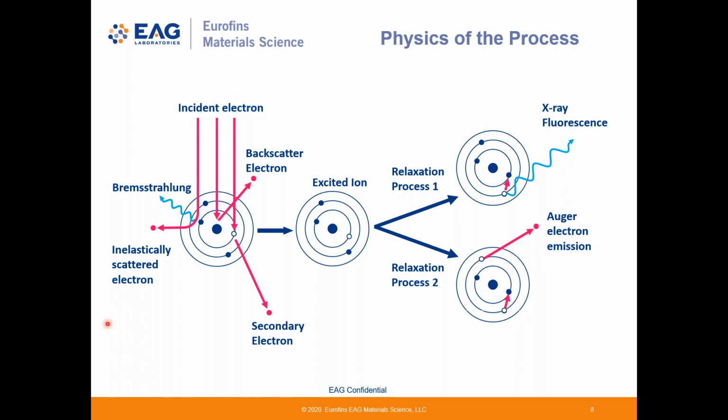The kinetic energy of this electron is very characteristic of the atom it came from, and it is the difference between these 2 energy levels minus the binding energy of this third electron, or Auger electron. So by energy analyzing these emitted electrons, we can identify the atoms they come from.